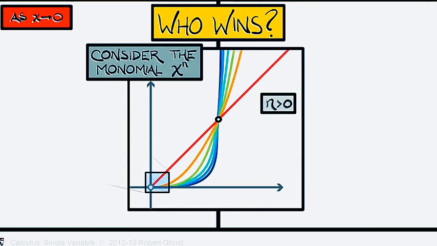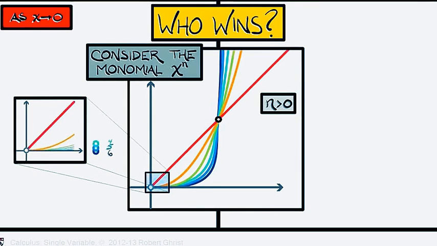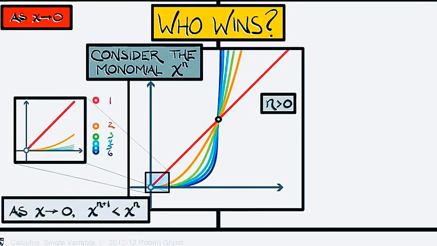But this is extremely interesting because if you look at the hierarchy of functions, as x is going to 0, we see that linear is bigger than quadratic, is bigger than cubic, is bigger than quartic, etc. That is, x to the n plus 1 is less than x to the n, as x is going to 0.